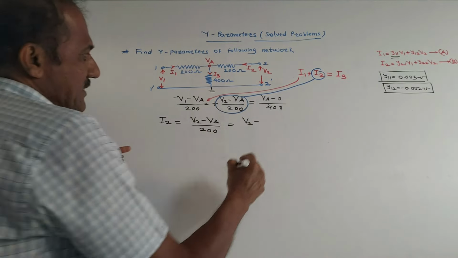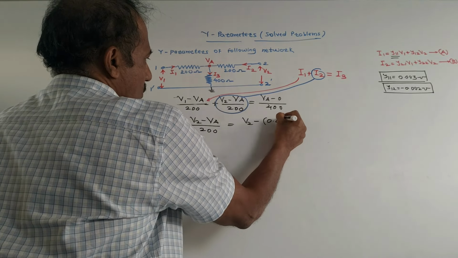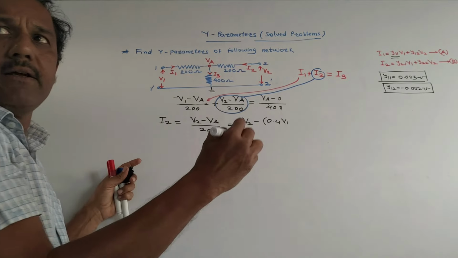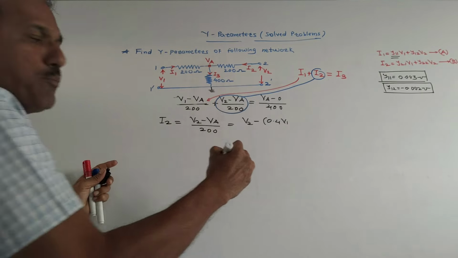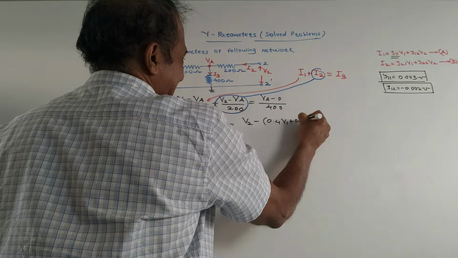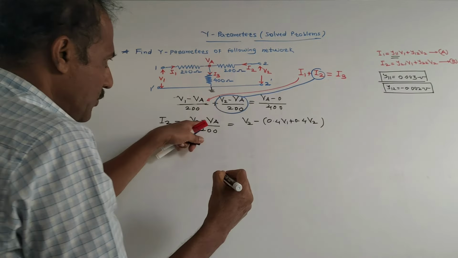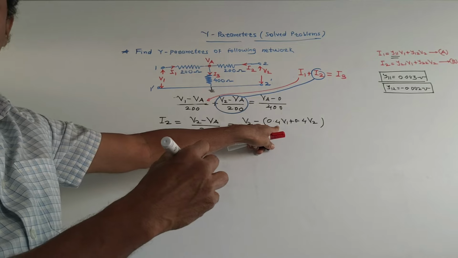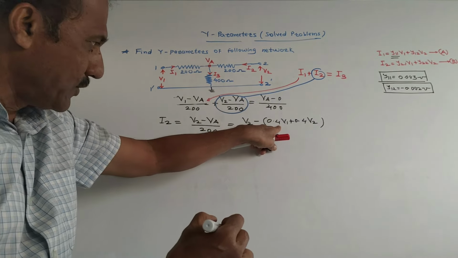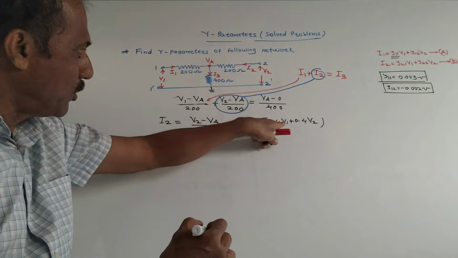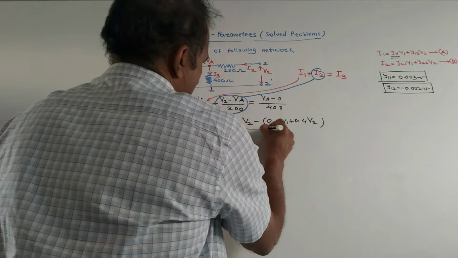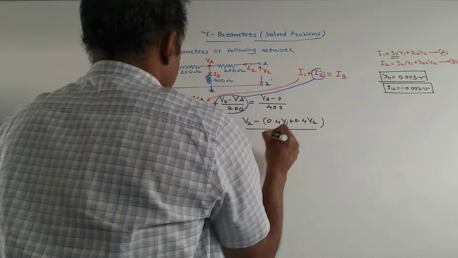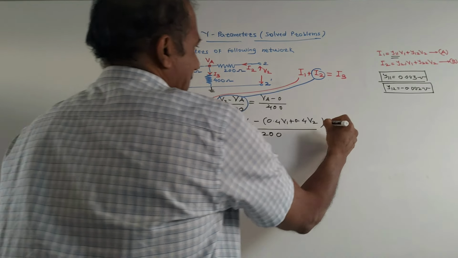We already discussed the value of VA is 0.4 V1 plus 0.4 V2. This minus sign is taken outside. So V2 minus VA is this equation, 0.4 V1 plus 0.4 V2. If you transfer this minus sign inside the bracket, both terms will be negative, upon 200. This is the equation of I2. Make it simple.